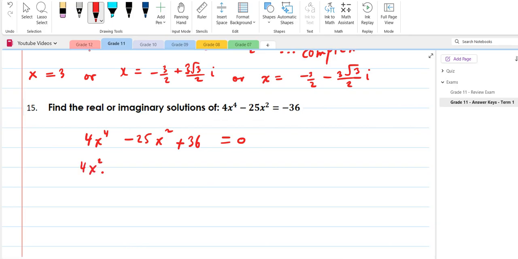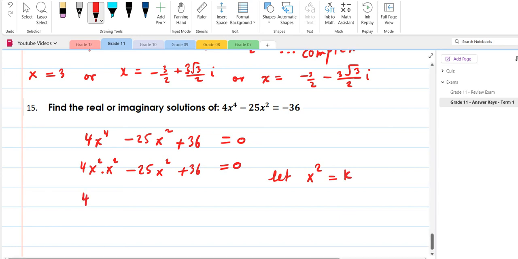You can break up the x to the power 4 into x squared times x squared, so 2 plus 2 is 4, minus 25x squared plus 36 is equal to 0. So I can replace the x squared with k. Let x squared be equal to k. So I have 4k times k, which is k squared, minus 25k plus 36 is equal to 0.